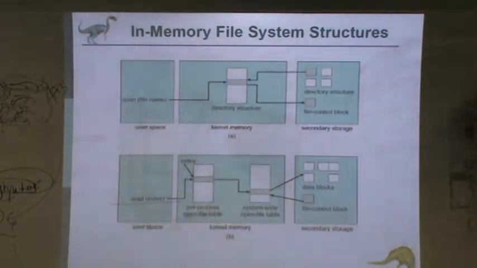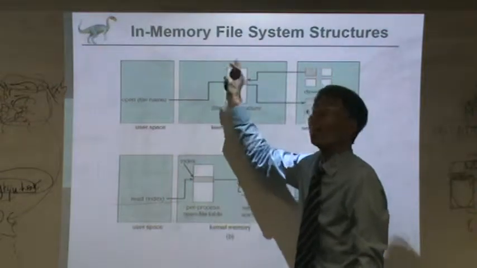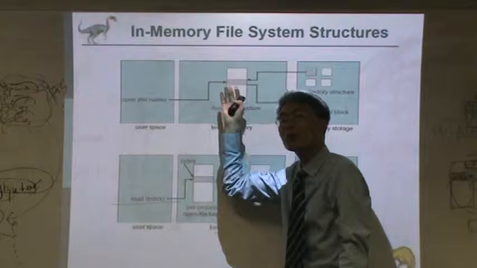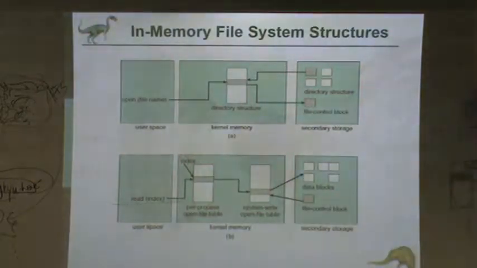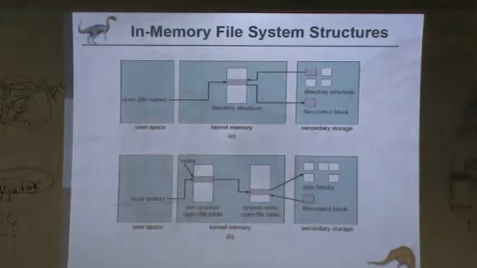Such a directory structure is in your secondary storage as a file, but once this file is opened, this block information will be copied to the memory space for faster efficiency reasons. Okay? So this is our file system that we create here.